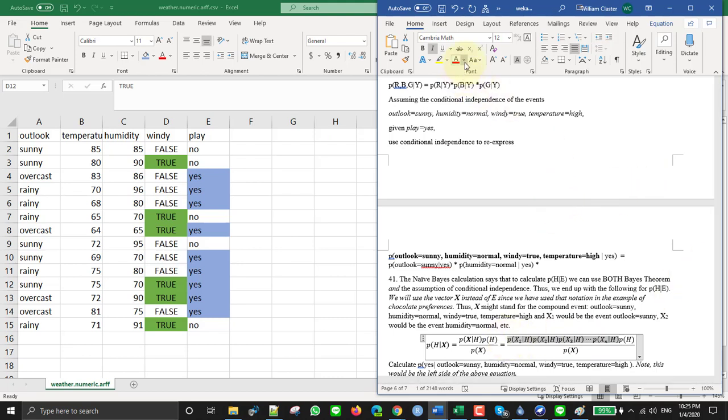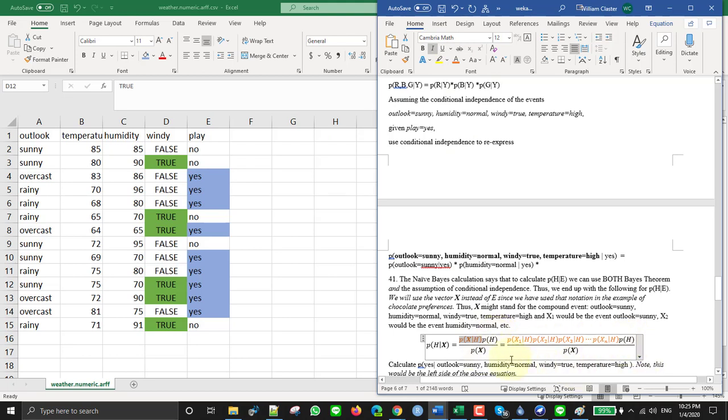Let me make that in color if I can. So this orange part there is this part here. Okay, so that is equal to that, and then P of H is still there, and P of X is still there.